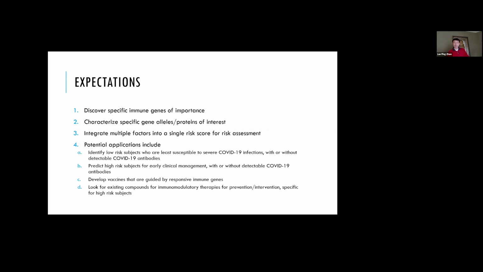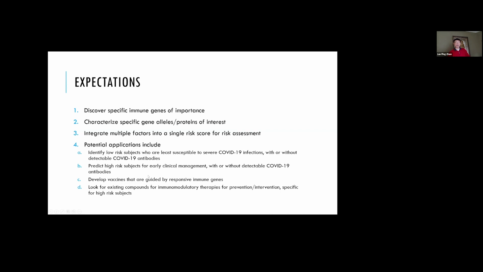With a genetic test, even people who don't have antibody, you will know whether someone can be at low risk or not. So I think it has implications for identifying people who can continue to do essential work, like military or some of the essential departments. I think it would be very important to identify those individuals.